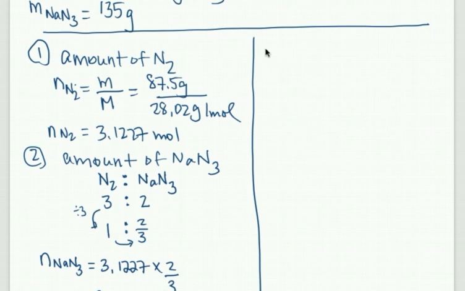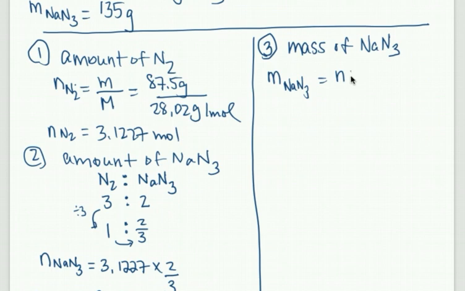All right, step 3, last step, we need to get to the mass of sodium azide. In order to do that, we need this formula. We're just going to take our amount and times it by our molar mass. The amount was from the previous part, 2.08.